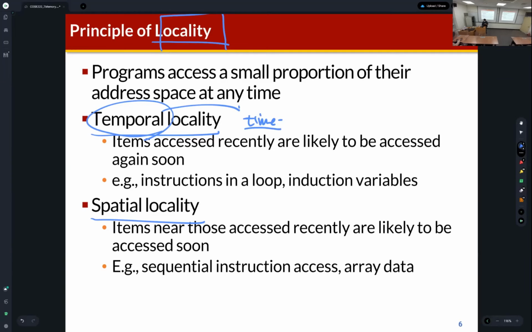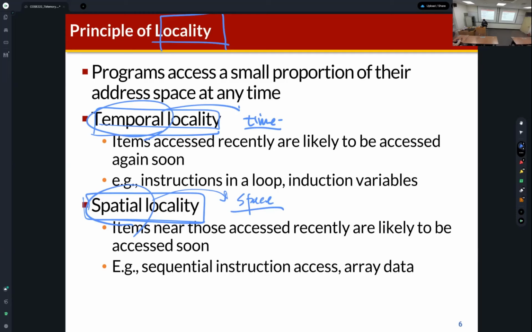And the word spatial is originated from space, so it's a kind of space related. It's a 공간. Okay. So there are two kinds of locality. I said that locality means that some kind of data is accessed more frequently.